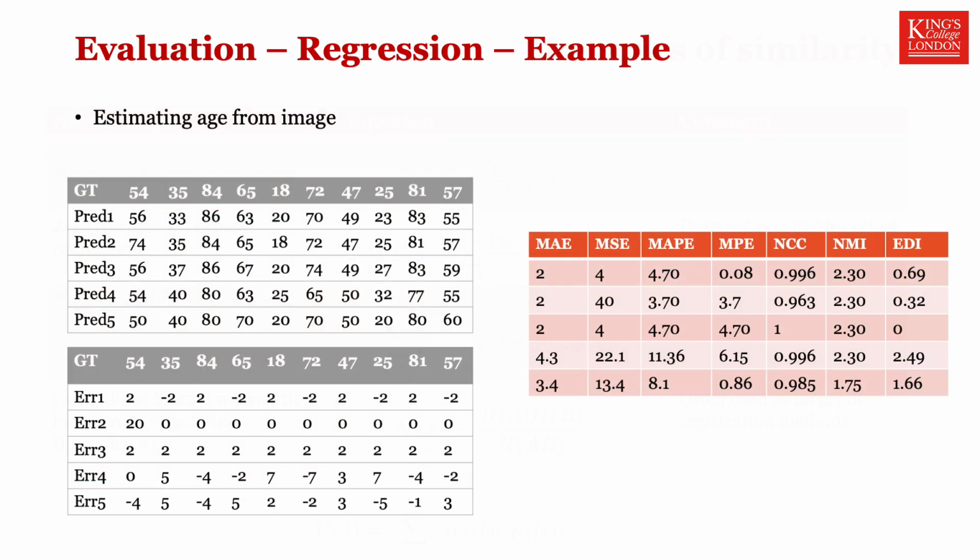So now I'll show you two specific examples where, for instance, we wanted to predict the age based on images, and where I calculated for each of those cases different types of prediction, different types of errors. In prediction 1, I changed things by a value of 2, either lower or higher.